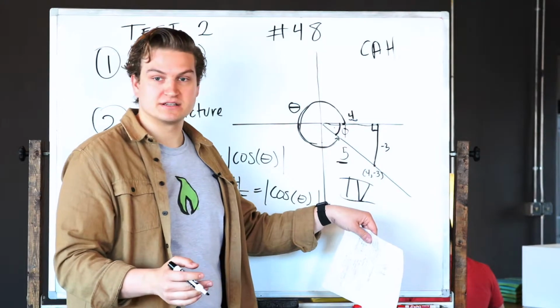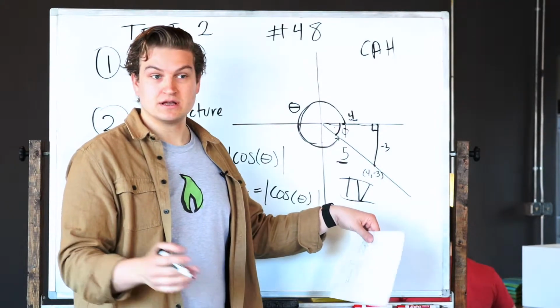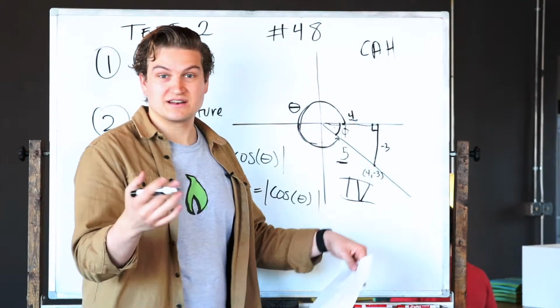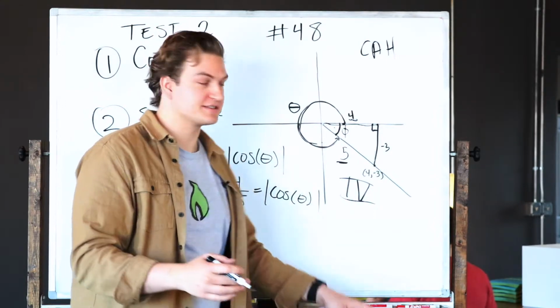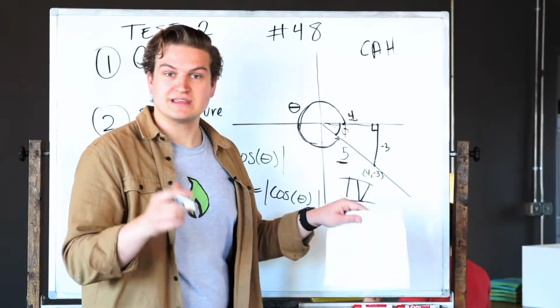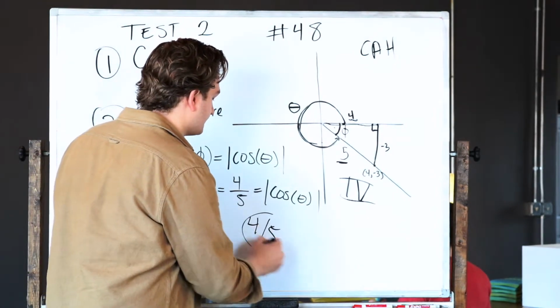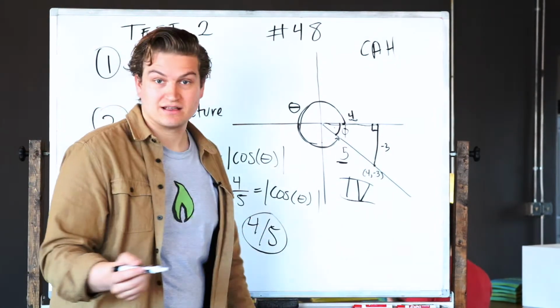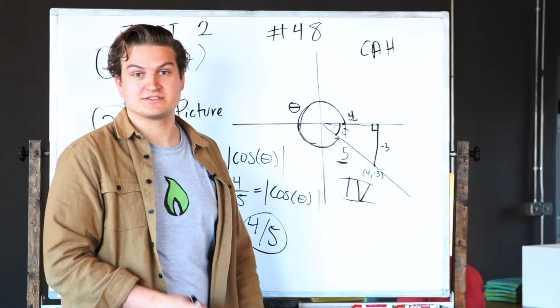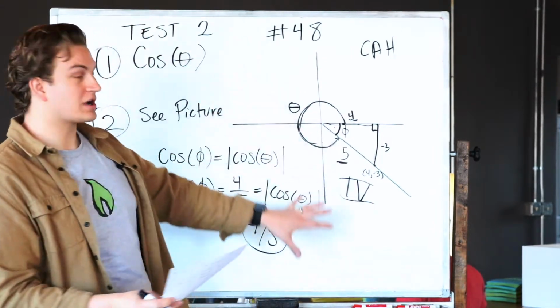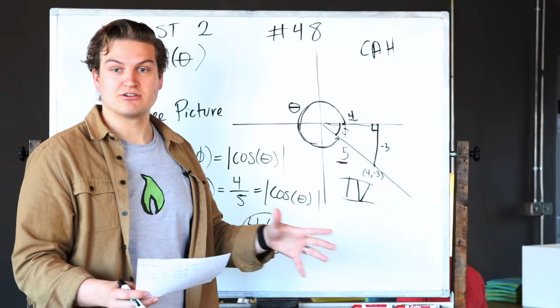It has to be positive if we're in the fourth quadrant. So that means cosine of theta can't be -4/5 because it has to be positive. So the answer has to be 4/5. So that is answer choice J. 4/5 is the correct answer. That's how you would solve this problem using knowledge about trigonometry.